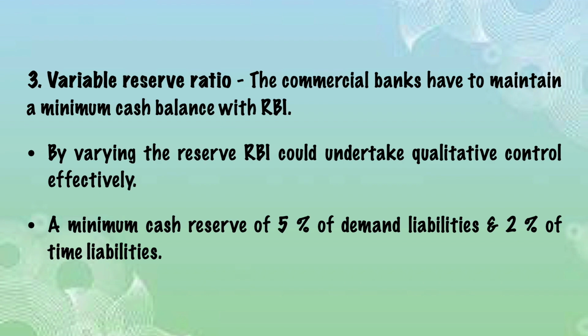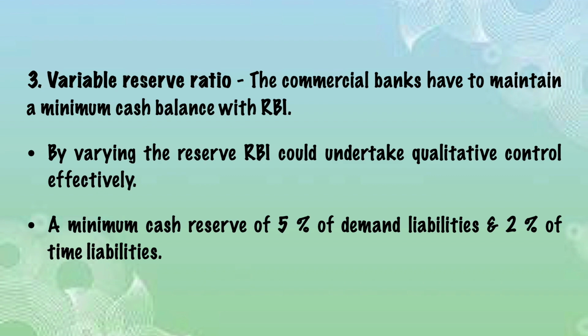Slightly increasing this 5% to 7%, more money will remain with RBI and less money with commercial banks. Automatically the credit control measures will be under the control of RBI. On the same side, if 5% decreases to 4%, again there will be more money with commercial banks and less money with RBI. Is that clear?